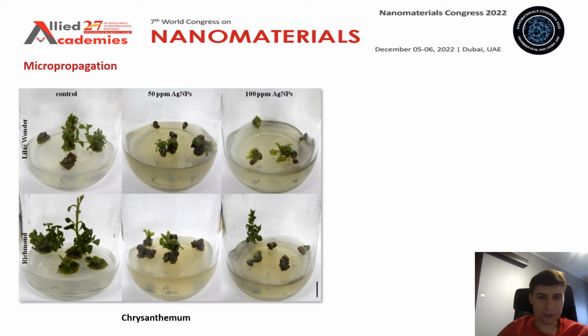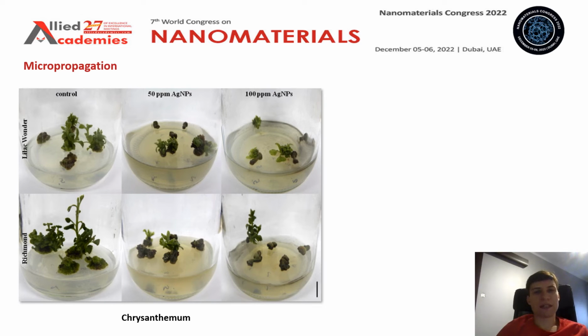In this study, we have tested silver nanoparticles at different concentrations, 50 or 100 ppm. And as you can see in this particular species and this explant type, the addition of nanoparticles was not very successful. The development of plants was clearly inhibited in comparison with the non-treated control.